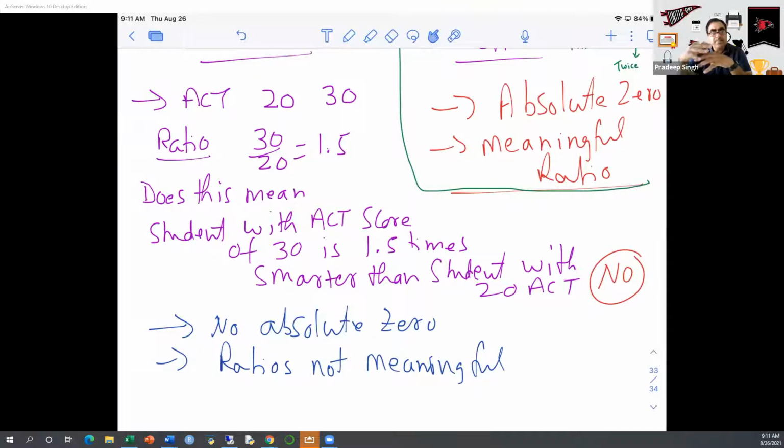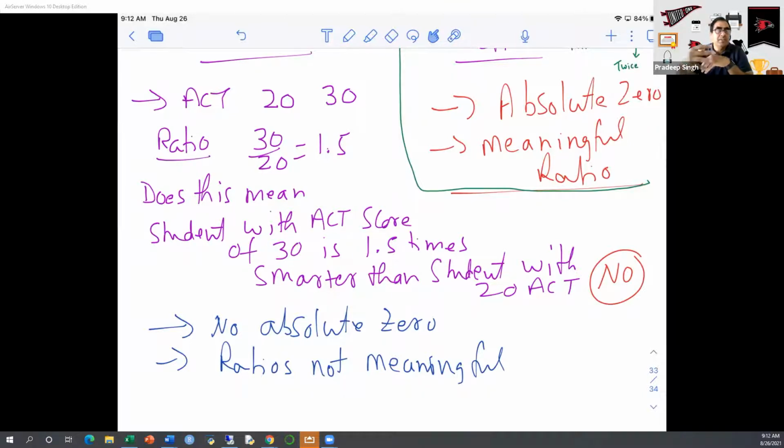And the reason why this is not meaningful is because there is no absolute zero. Now, what does that mean? Because we are making a statement in terms of the smartness of a student, there is no ACT score which is going to tell you that a student is zero smart.